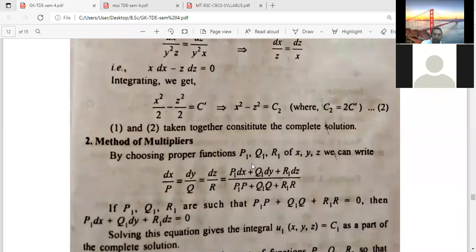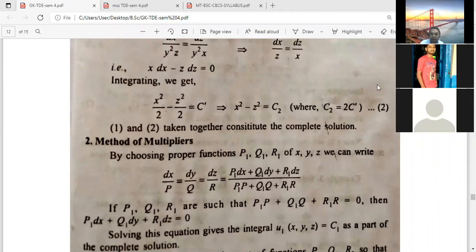In the method of multipliers, you take the multipliers P1, Q1, R1 so that the denominator P1 P plus Q1 Q plus R1 R is equal to 0. Similarly, P2 P plus Q2 Q plus R2 R is equal to 0. Then the numerators are P1 dx plus Q1 dy plus R1 dz in the first case, and P2 dx plus Q2 dy plus R2 dz equal to 0 in the second case.